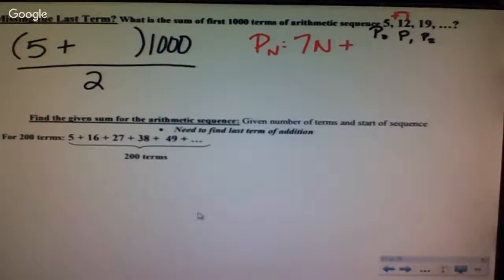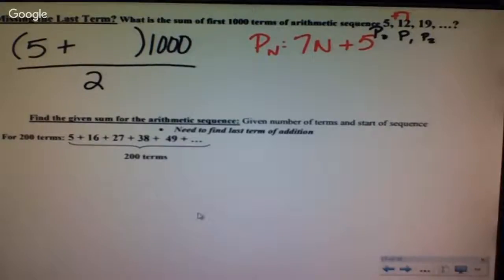7n plus... is it 5? It's 5. That's your first number. I need to know what value is way over here. So you need to put 1,000 for the n, or 1,001?